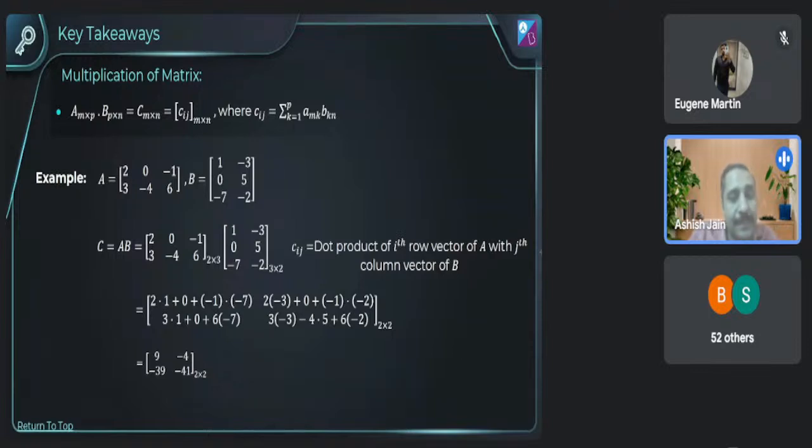Similarly, C का second row second column, यानी second row of A is multiplied to second column elements of B, corresponding elements. So it's 3 into minus 3 plus minus 4 into 5 plus 6 into minus 2. I hope this is clear. If you solve it, you'll get the answer as 9, minus 4, minus 39, minus 41.